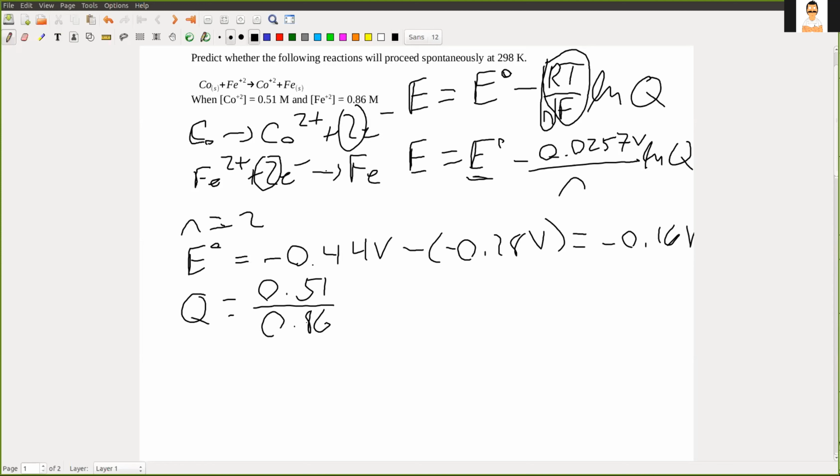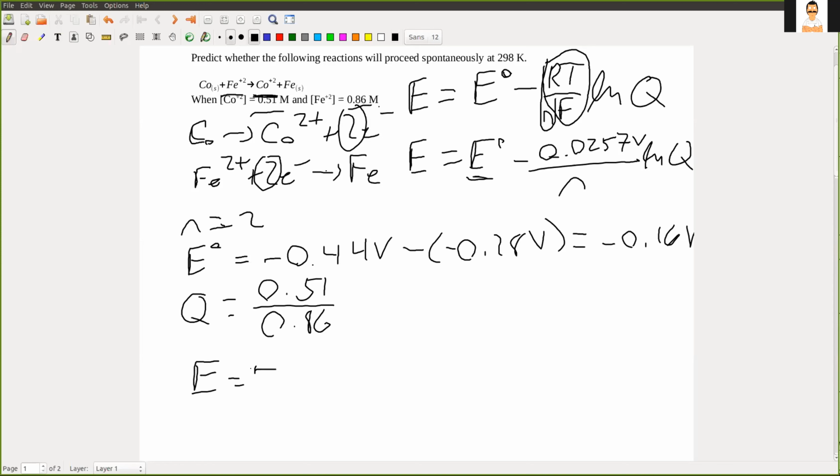It would be products over reactants, and you don't include the solids. So the product would be cobalt 2+, which is 0.51 molar, over the reactant, which in this case would be Fe2+, which is 0.86 molar. Now we just plug in everything and perform the calculation.